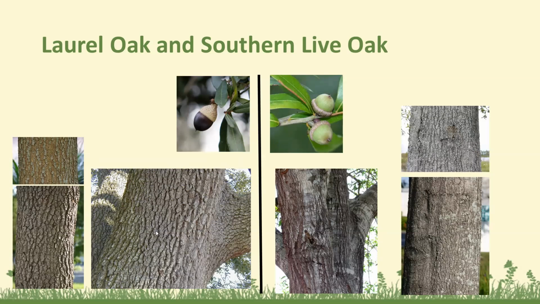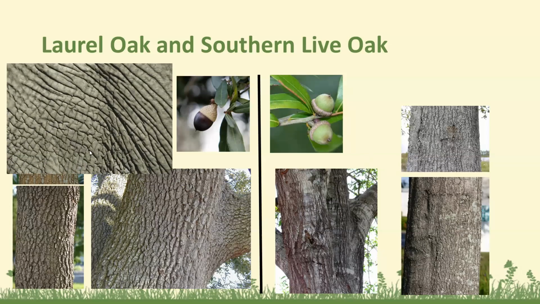And I don't know how well you guys can see the bark here, but the bark tends to be a lot more grooved in crevices, like within the live oak. It tends to be much more flat and smooth for the laurel oak. So I think of elephant skin when I think of the live oak bark on these mature trees a lot of the time, and you don't really see these fissures pop up the same way on the laurel oak.